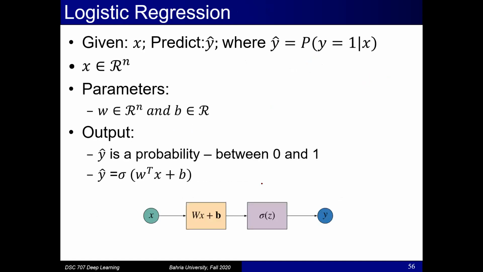So this is what you have already seen, that we have some feature in an n-dimensional space, right? R means real number, n is the dimension. You have weights because for every feature x, you have a respective weight, and then you have a bias, which is a single number. So what you do is you take the dot product, right?